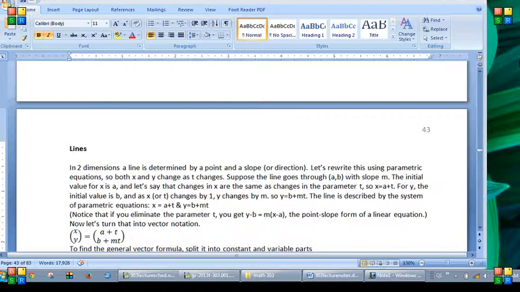So notice that means if t changes 1, x changes 1, we want a simple relationship like that. Okay. For now. So for y, the initial value is b. And as x changes, which is the same as t changes, we know that as x changes 1, y changes m. So y equals b plus mt.